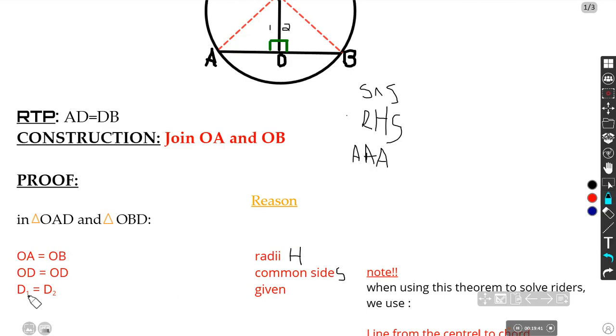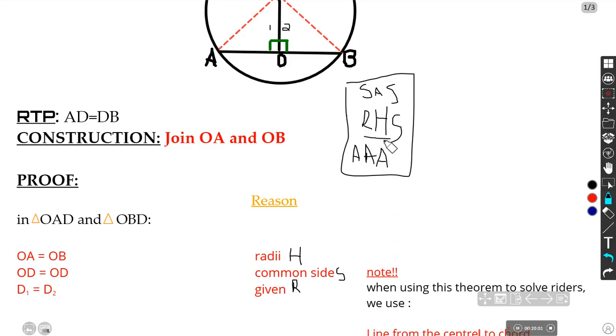And angle D1 is equal to angle D2, and those angles are right angles, right? So I'm going to look at what I have over here. Oh, this is side angle side. Right.